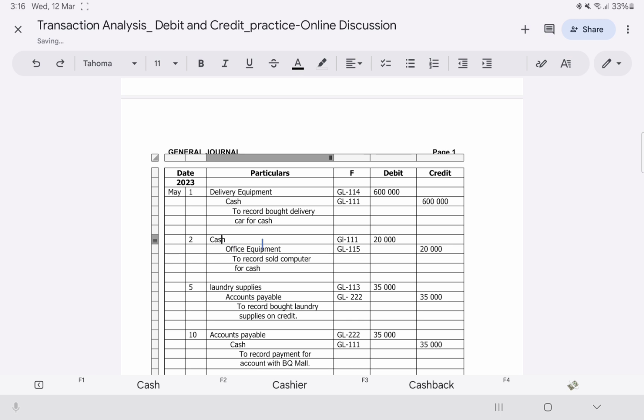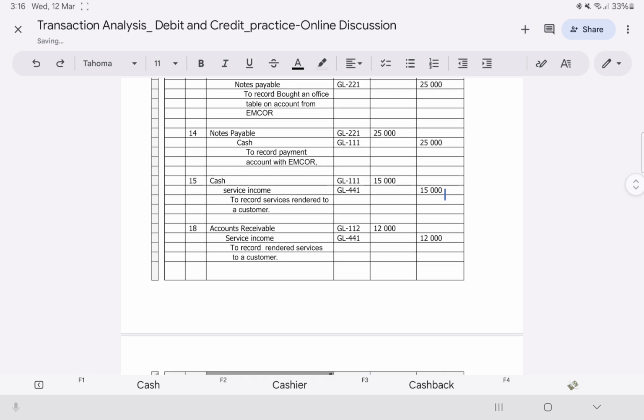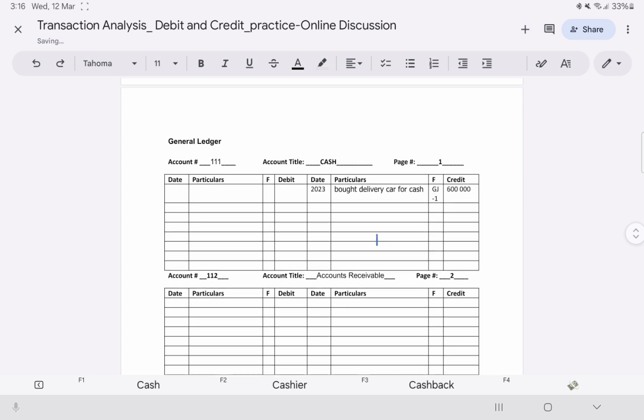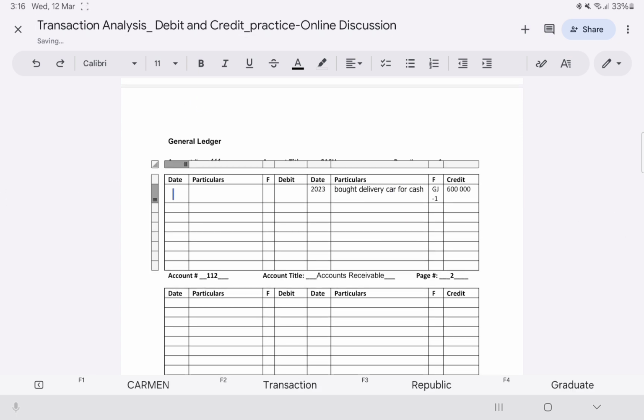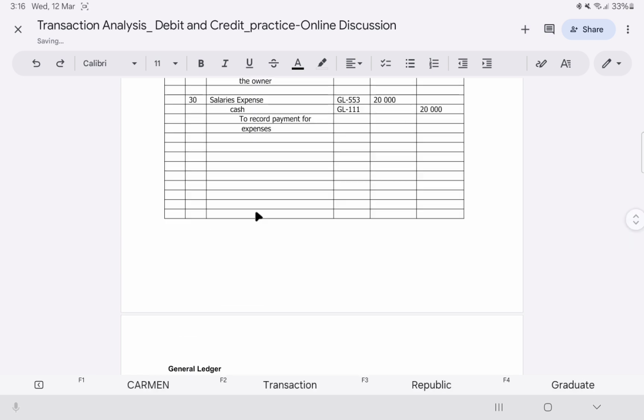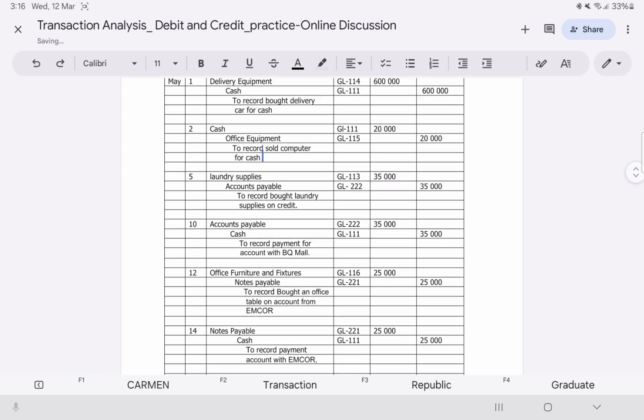Okay, next transaction, refer to General Journal number 2 on May 2. So debit cash amounting to 20,000 under page 1. Find the cash. Since that's already debit, write first the year. What's the explanation? Try to look at the explanation.